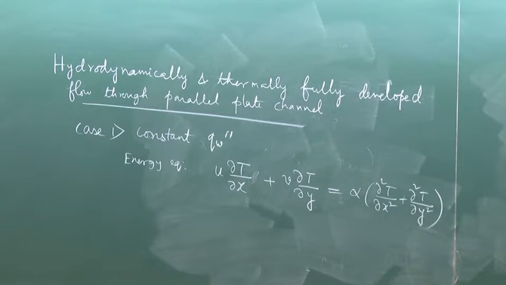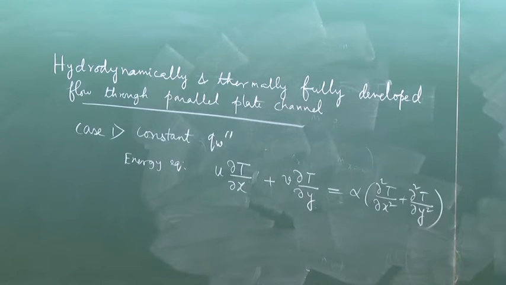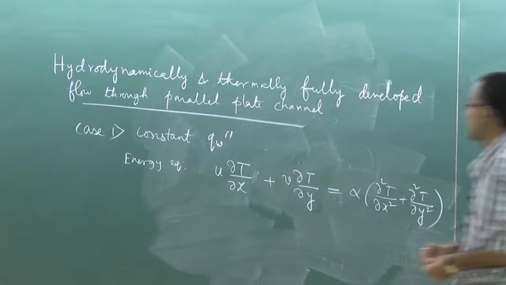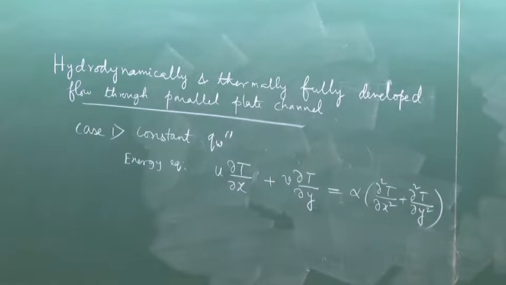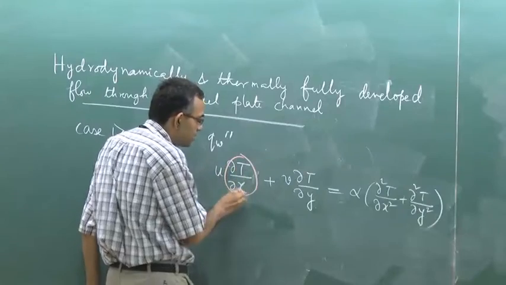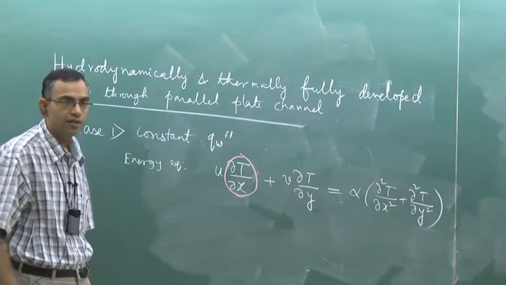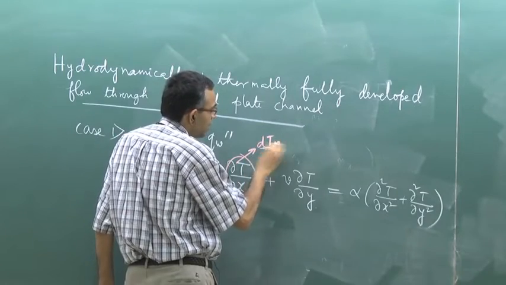Now tell me what the simplification will be. So let us write it with a different color maybe. So in place of del T del x, for constant wall heat flux, we can write dTm/dx, which is a constant.